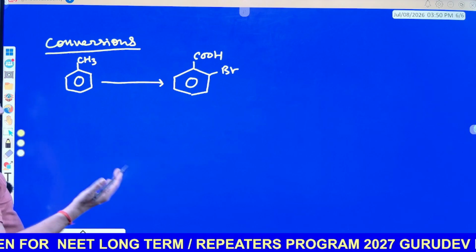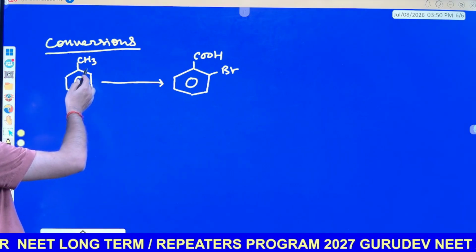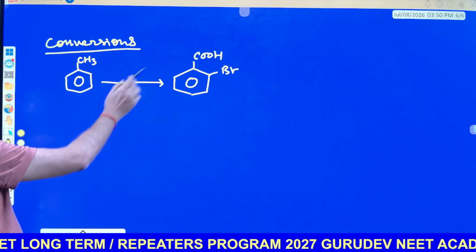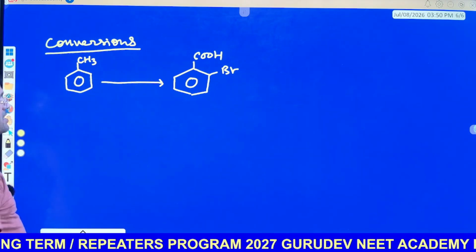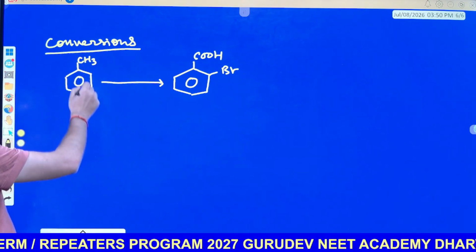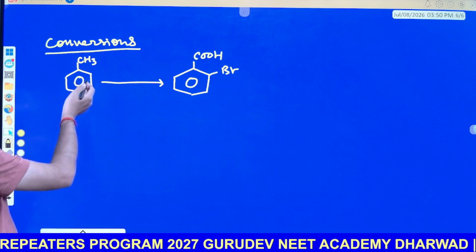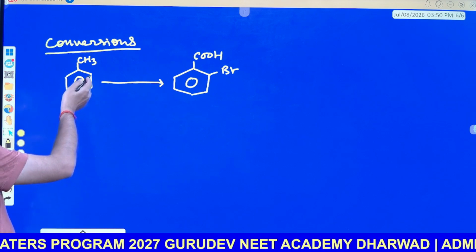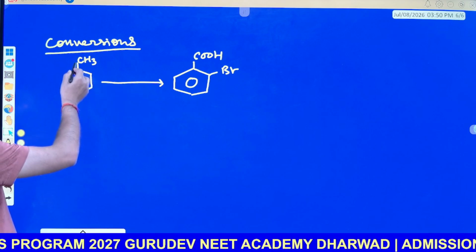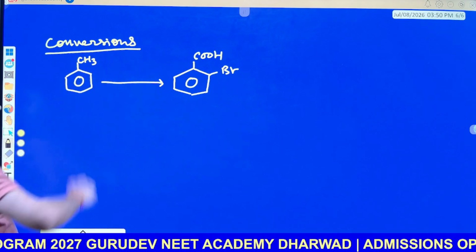So as you all know, oxidation of methyl over the benzene ring directly converts it into carboxylic acid and it is ortho-para directing. So just do the bromination of this one, and after bromination oxidation of this one, you will get this one.